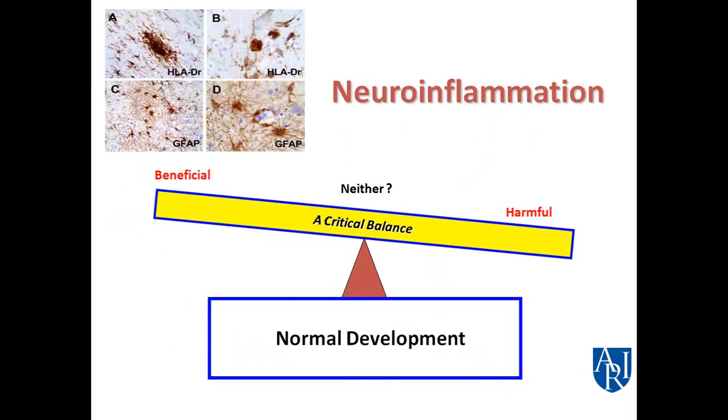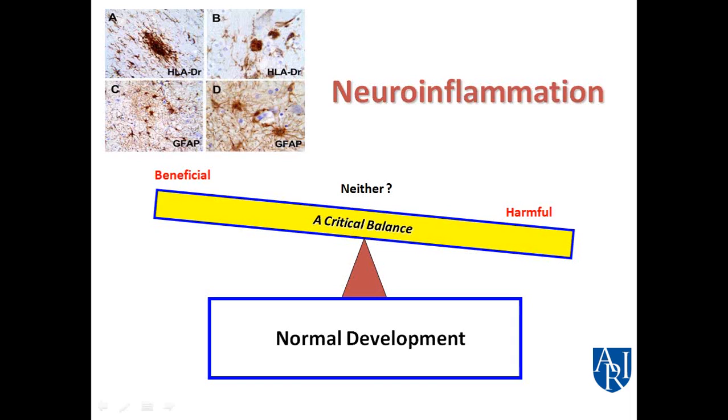This is another view we had of neuroinflammation. The question was, is it beneficial or harmful? There has to be a critical balance in everything in life, I suppose, particularly in the nervous system, and many other systems, where a little bit of imbalance can probably be tolerated, but too much imbalance tips the scale and may affect normal development, and not only development but ongoing problems.